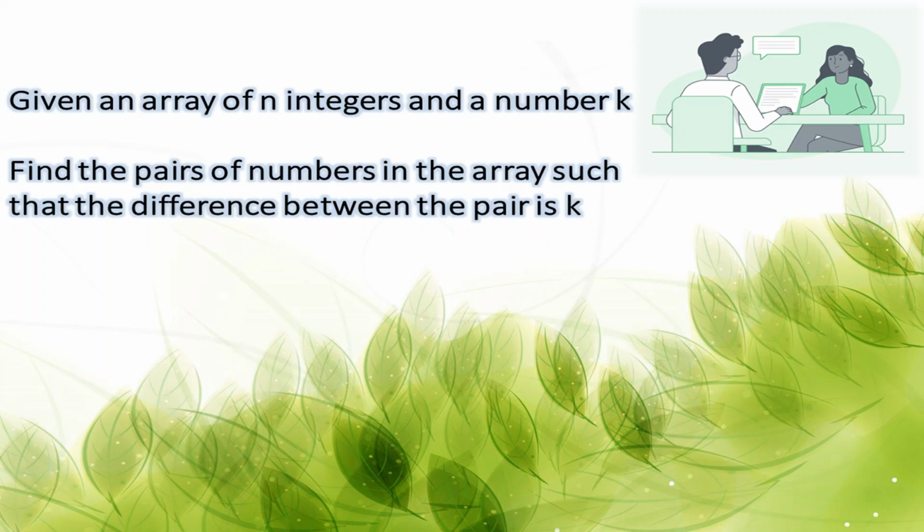If it is equal to 5, I'll simply return L1 and L2. So I'll have them at the 0th and first index at the beginning.